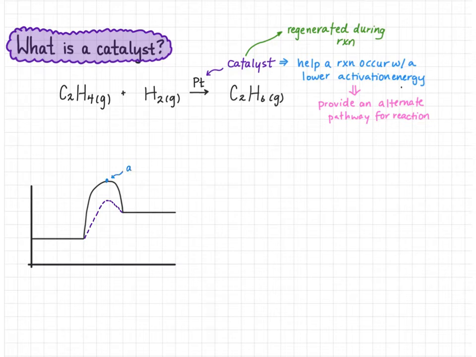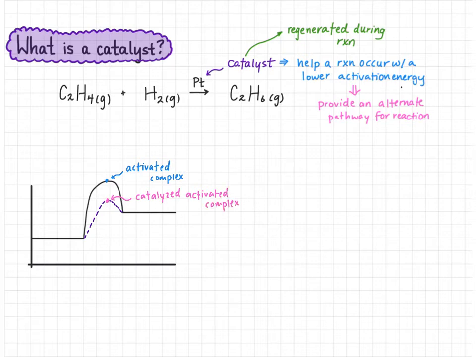So our original activated complex has quite a high potential energy, and our catalyzed activated complex has a significantly lower potential energy because the reaction has taken a different pathway, and so our activated complex is going to be different.